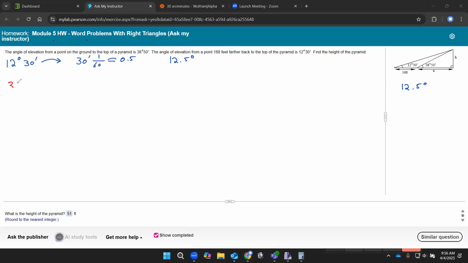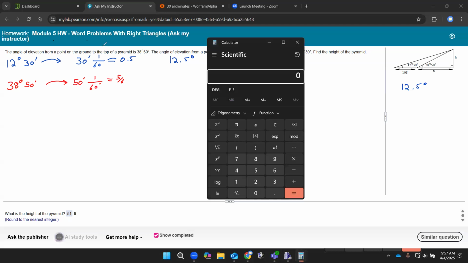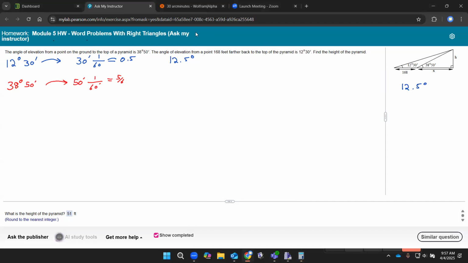It's a subtle thing, but we need to make sure that we use the right degrees, otherwise it's going to mess us up. We also have 38 degrees and 50 arc minutes. Again, we need to convert those 50 arc minutes into degrees. So this is 5/6 of a degree, and we can just use our calculator. 5 divided by 6 is 0.83 repeating.